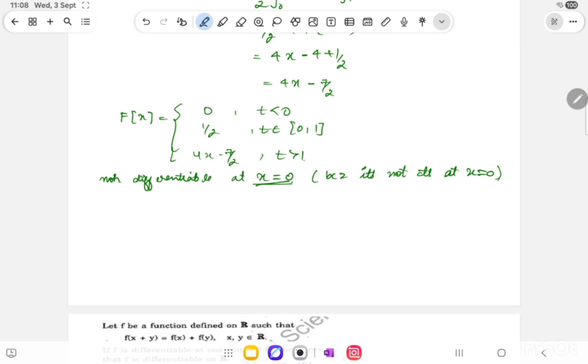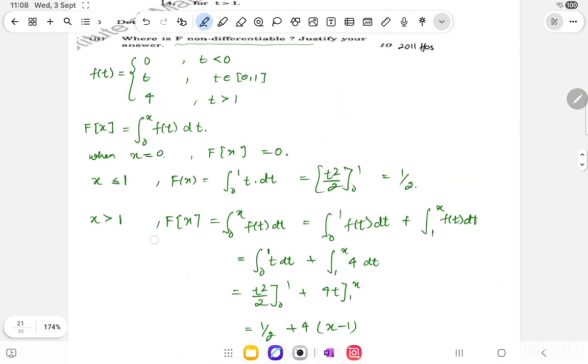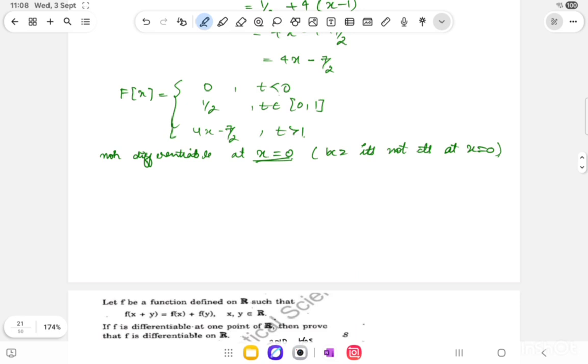Now we are supposed to check its differentiability. Another point of discontinuity can be at t equals to, that is, x equals to 1. So first let's check continuity at x equals to 1.